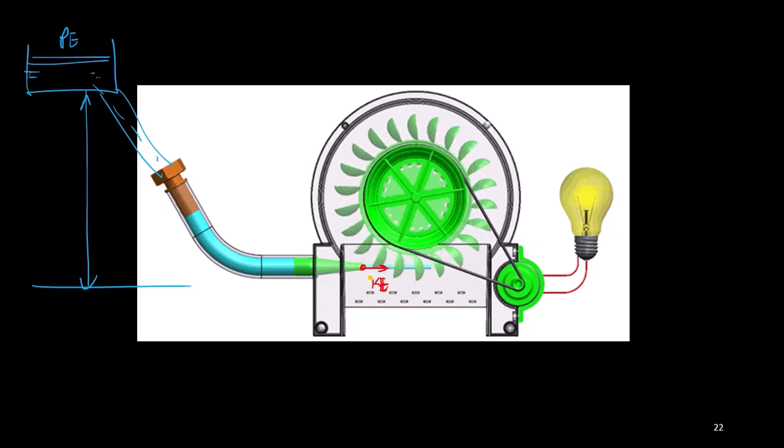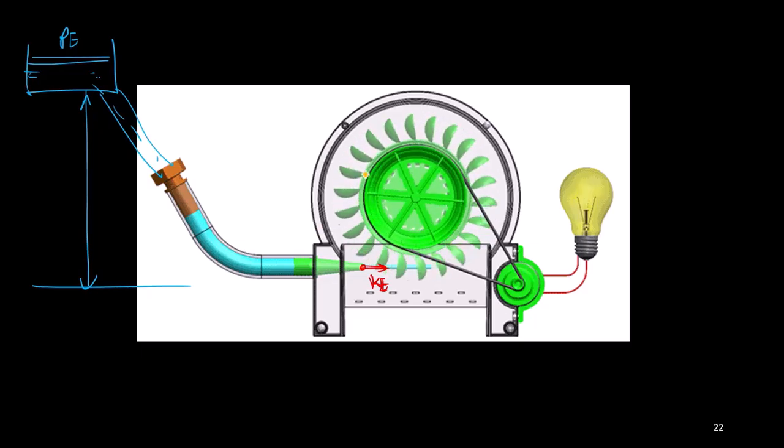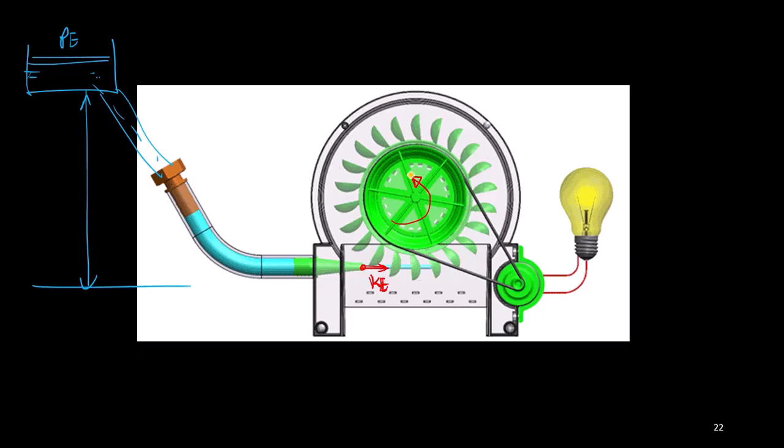Now this kinetic energy is being utilized to run the wheel. This high intensity jet of water is impinging on the bucket. Once it impinges on the bucket, it gives a thrust, and because of that thrust, the wheel will roll. That means I am converting the kinetic energy of the water to the mechanical energy of this drum.